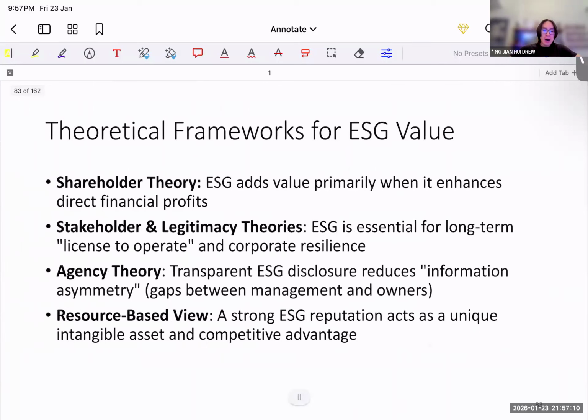right? Maybe just, I know that we don't have much time, I just want to cover a few more things. So in terms of theoretical framework, there is a shift from shareholder theory. Shareholder theory is your most fundamental, in the 90s kind of thing, where the only important person is your shareholders, right?